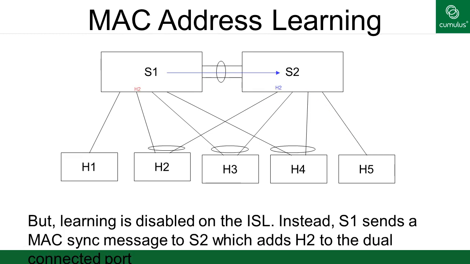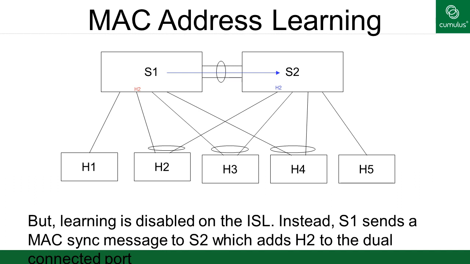And when S1 or either of the switches learns an address on one of its dually connected ports or singly connected ports, it sends a message, using this MLAG daemon, to its peer switch and says, oh, I just learned an address on this port. You should add it to one of your ports.